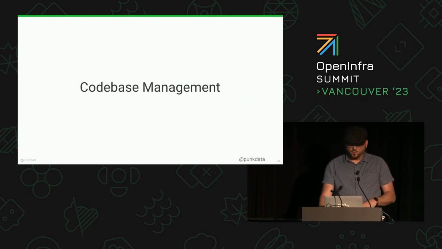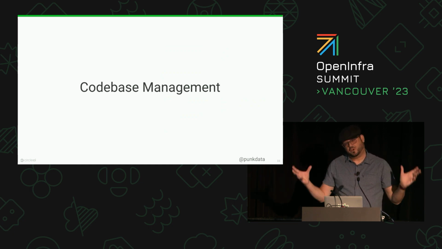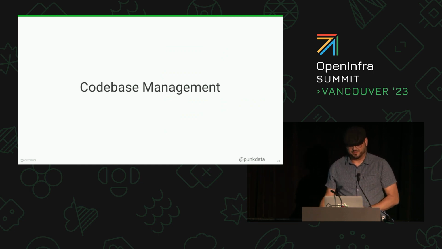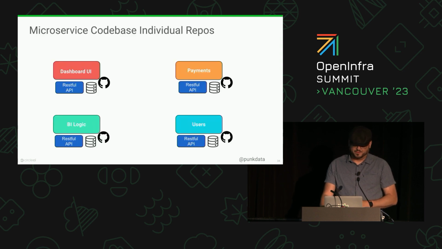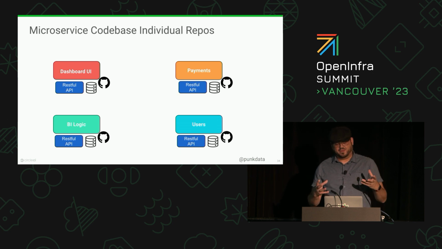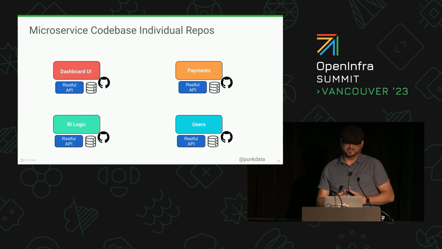One of the challenges with decomposing your monolith is code base management. We broke the application out, or decomposed it, into essentially 4 different services. Now they all have their own RESTful API. They probably have their own data layer, and they probably have their own source code repository.